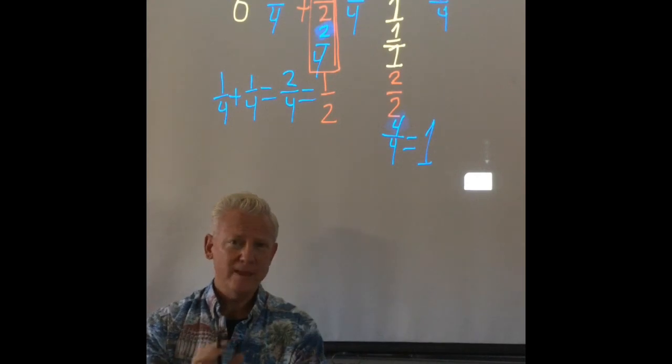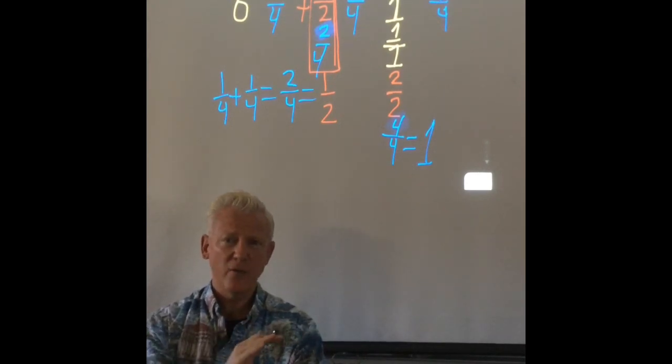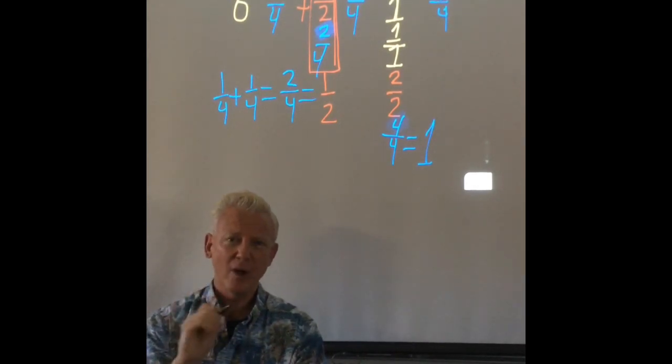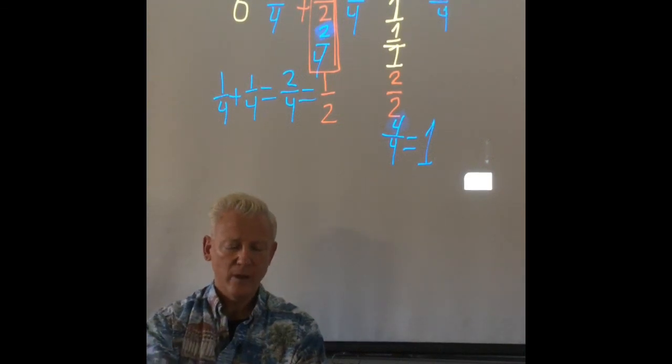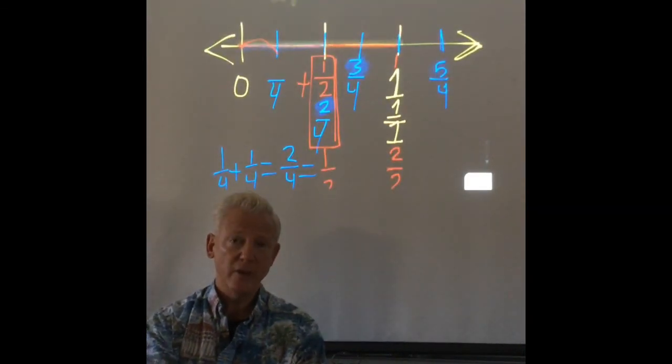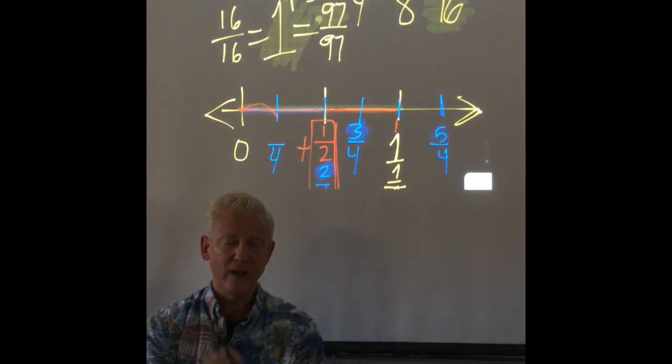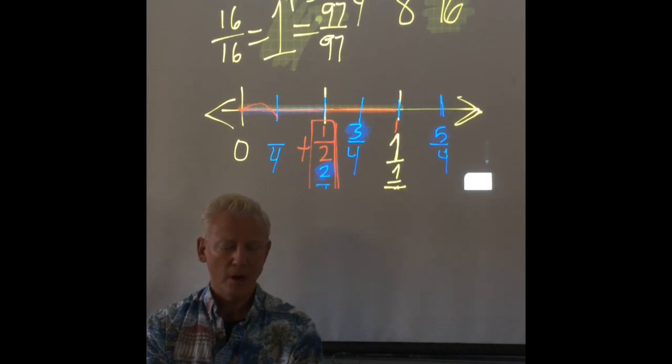So I hope that this helps. If not, just go back over it, keep trying, keep writing everything out with me, and just pause it if you need to and write things down, and then hit the play and keep working with it, and it'll make sense after a while. All right?